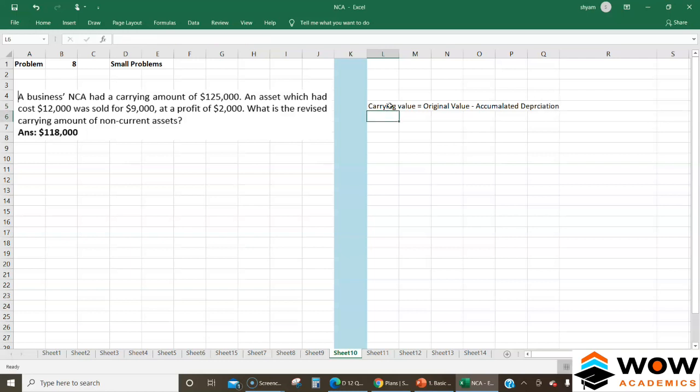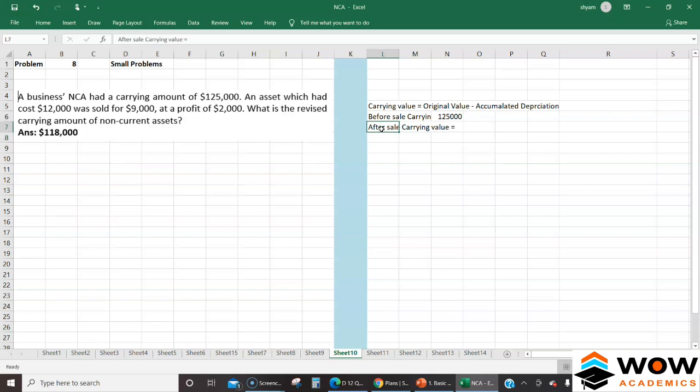So he says that the carrying value of that asset is 1,25,000. What is its worth now after the sale of the asset? What is its worth now? Okay, so this is the before-sale carrying value, and we have to find the after-sale carrying value.